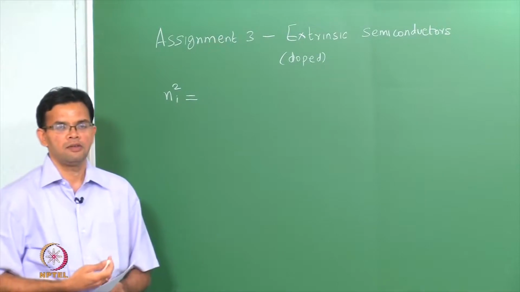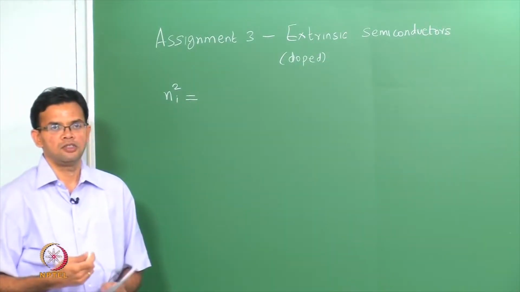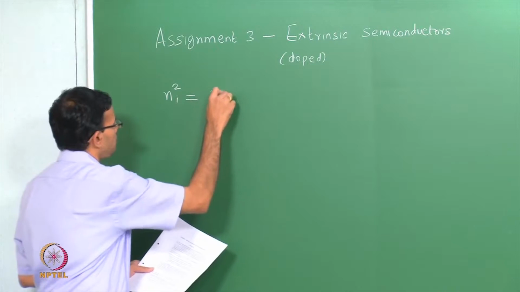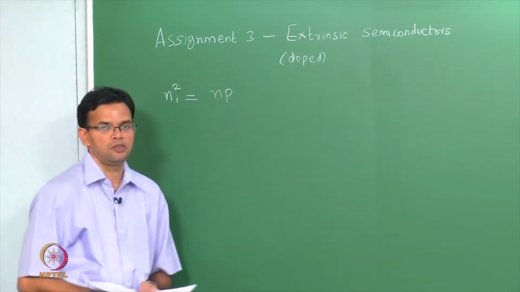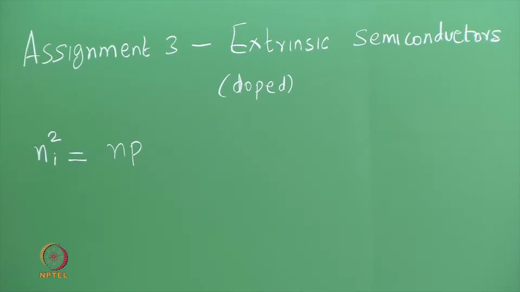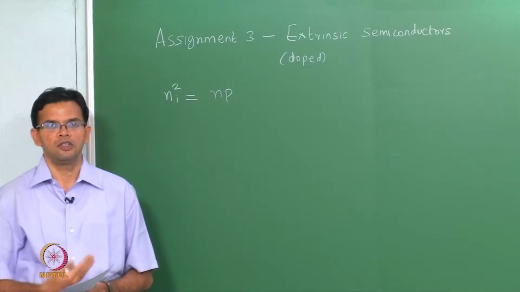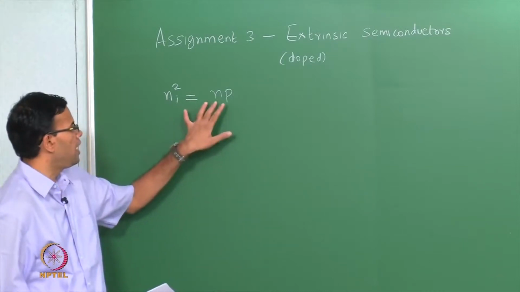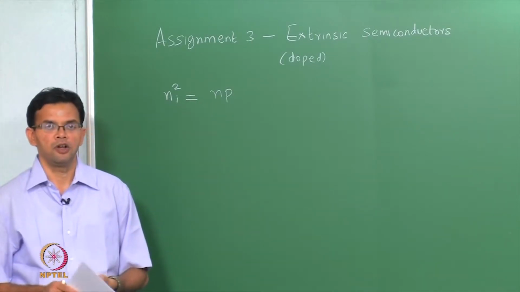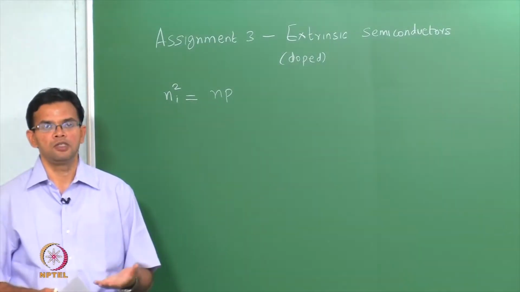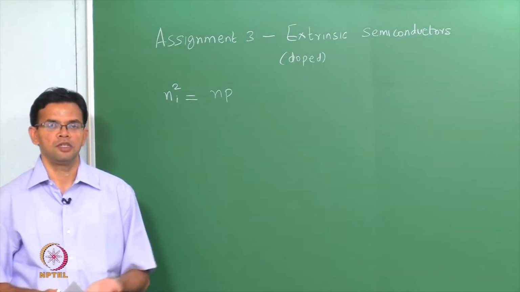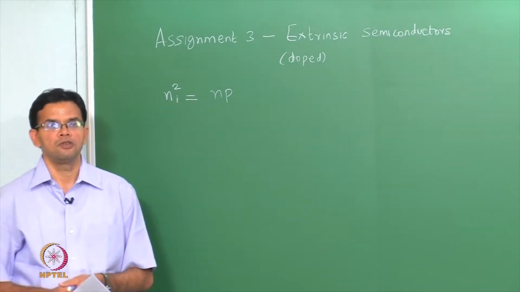So, ni squared, where ni is your intrinsic carrier concentration, must be equal to np. If we dope with donor type impurities to increase the concentration of electrons, so if n goes up, p has to go down, and similarly if p goes up by doping with acceptors, then n has to go down.